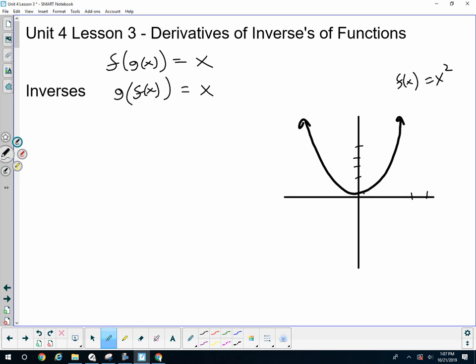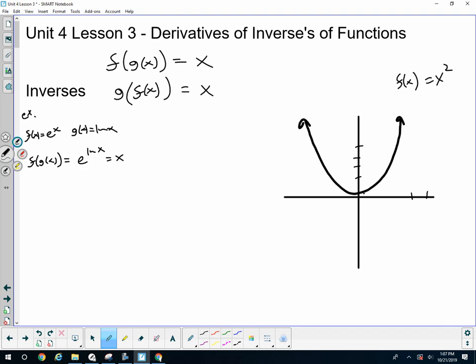This occurs with e to the x and log x as an example. If f of x was e to the x and g of x was log x, for these to be inverses, if I did f of g of x, I better just get x. Well, that's g of x plugged in to x in f of x, so this would be e to the log x.